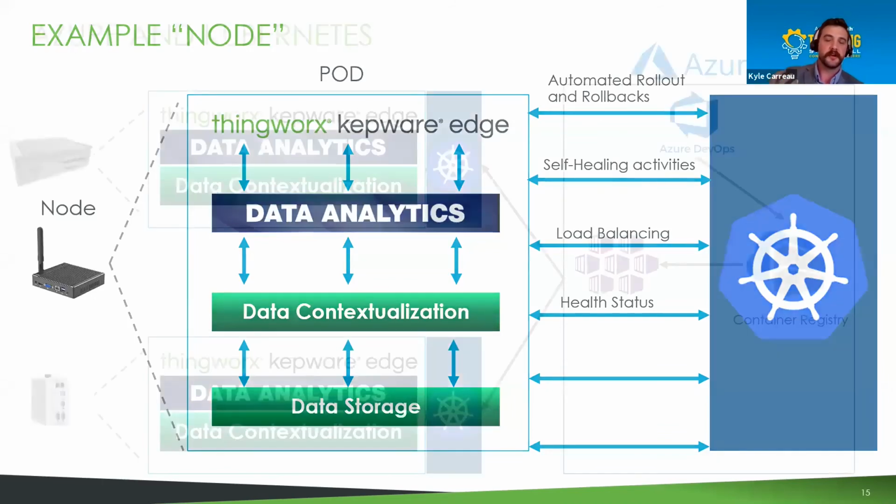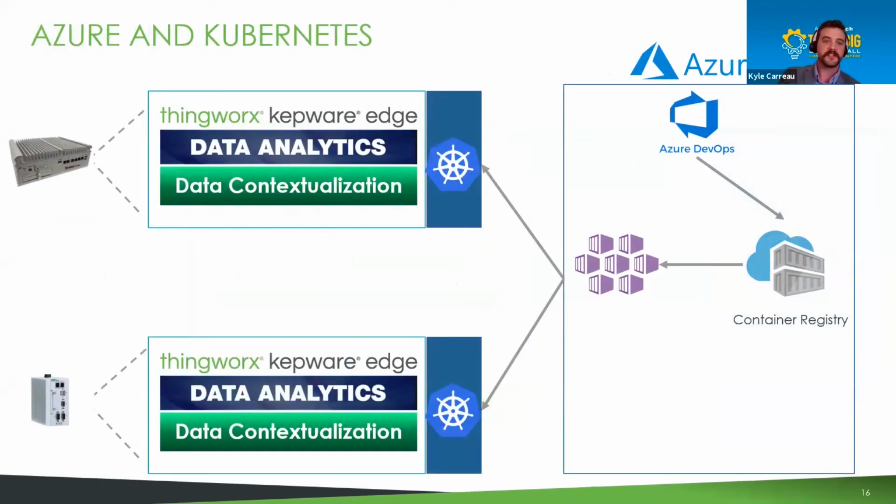If we bring it out a little bit, maybe this is what it looks like from a larger architecture standpoint. Again, this is very simplified, but say I'm a developer. I have ThingWorx Kepler Edge in a container ready to go. I do my configuration of it, I put that into my container registry, and then my Kubernetes service helps deploy and manage that particular container on all of these different devices.